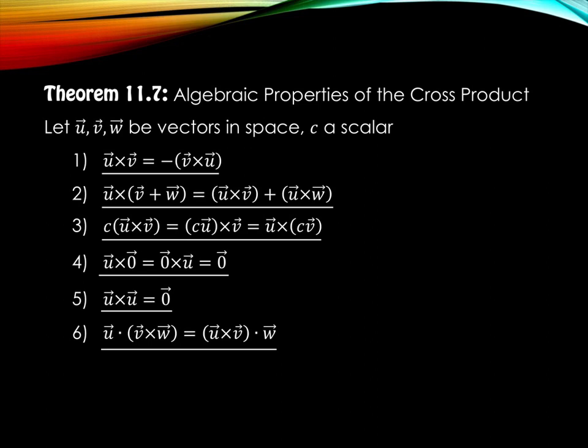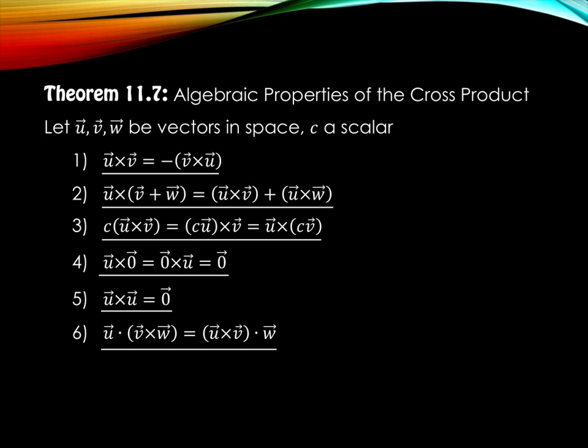C is a scalar crossed over the cross product, right? So C times U cross V is the same thing as C times U, then cross V, or C times V and then cross U. So we've got the associative kind of property going on. Number 4 is a zero property. So it should make reasonable sense that if you have a row of 0, because that's what's going to happen in those determinants if I'm crossing something with 0, I'm going to end up multiplying everything by 0. I'm going to get zeros.